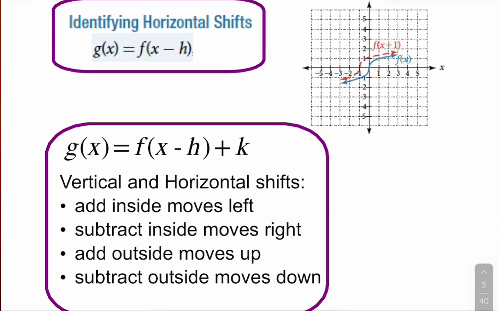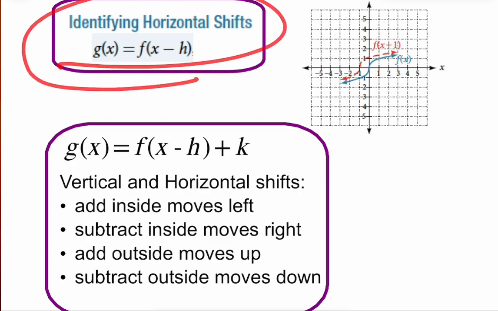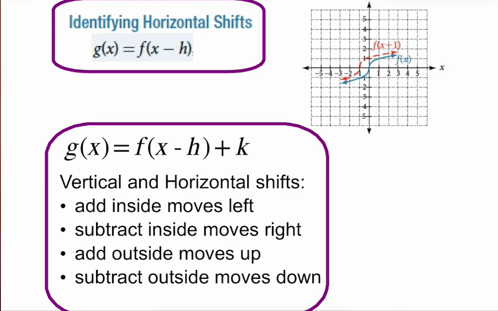If we want to move something left or right, that is a horizontal shift. If we add on the inside, it's going to move it to the left. If we subtract on the inside, it's going to move it to the right.